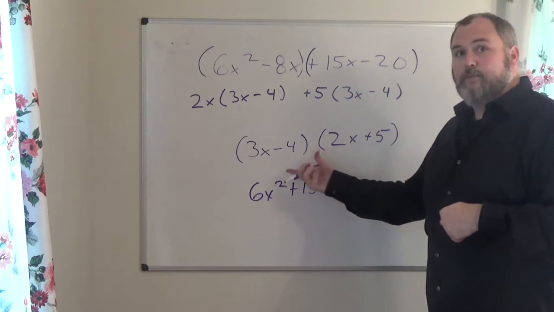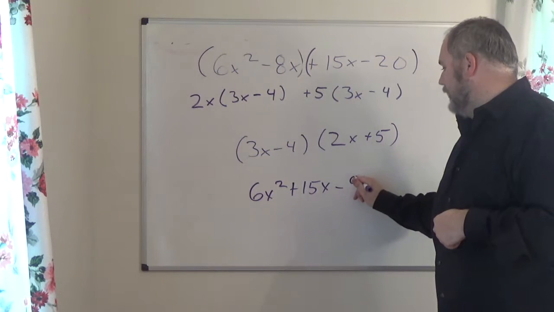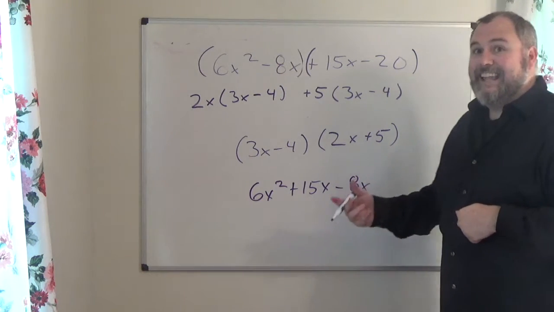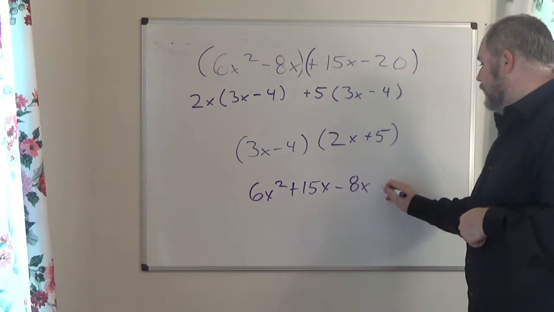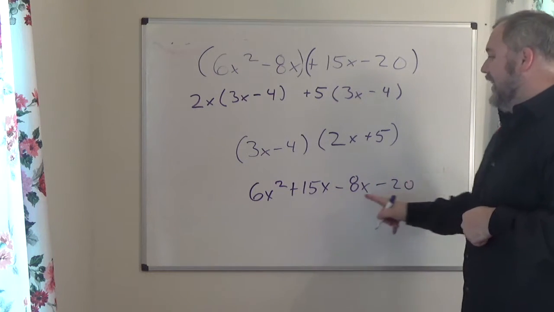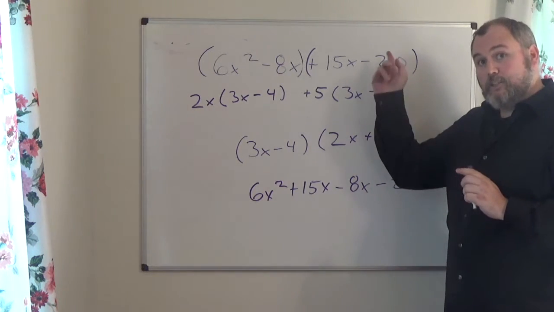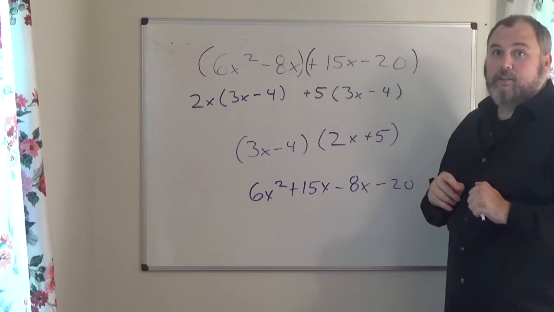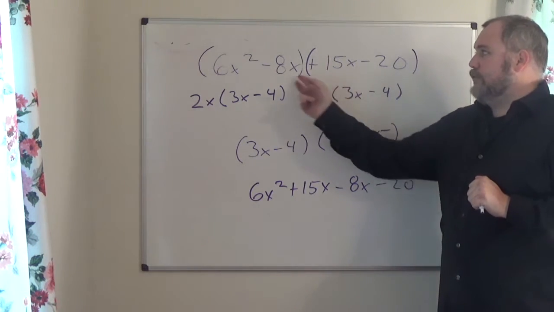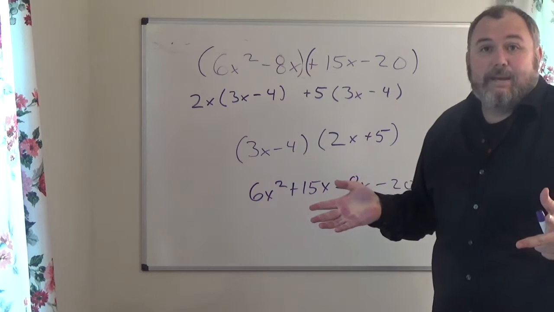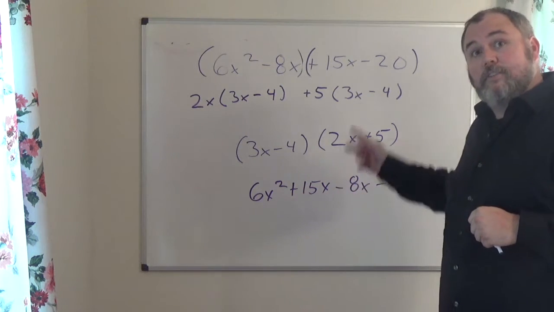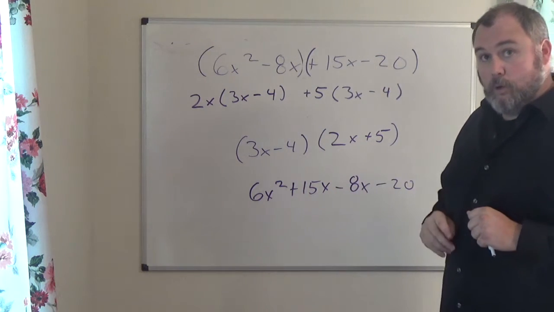Inner, minus 4 times 2x gives me minus 8x. Last, minus 4 times positive 5 gives me minus 20. Does this match my original expression? Yes, it does. The only thing that looks different is that these two terms are switched, but it's the same thing. It's okay. This does match that, so it works.